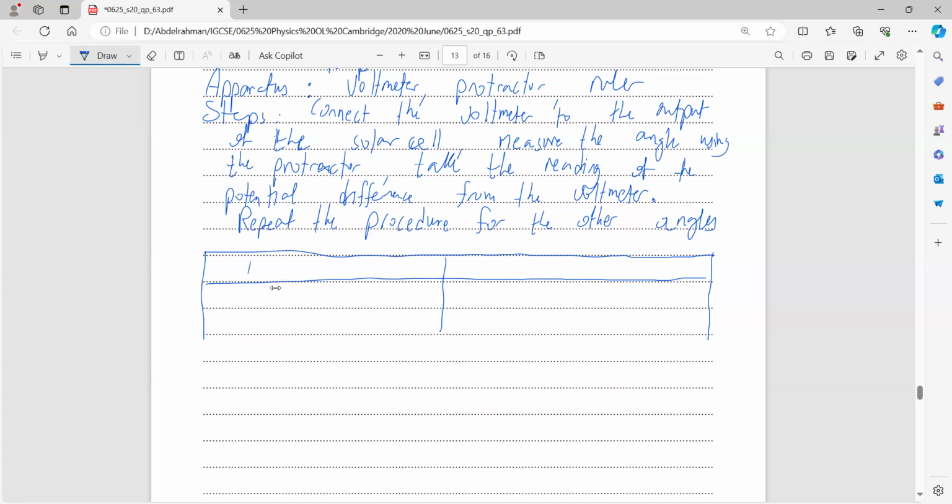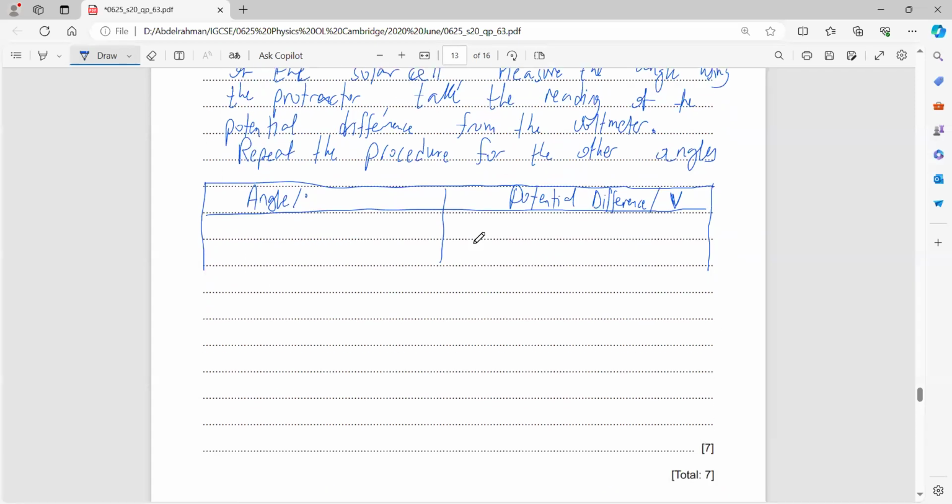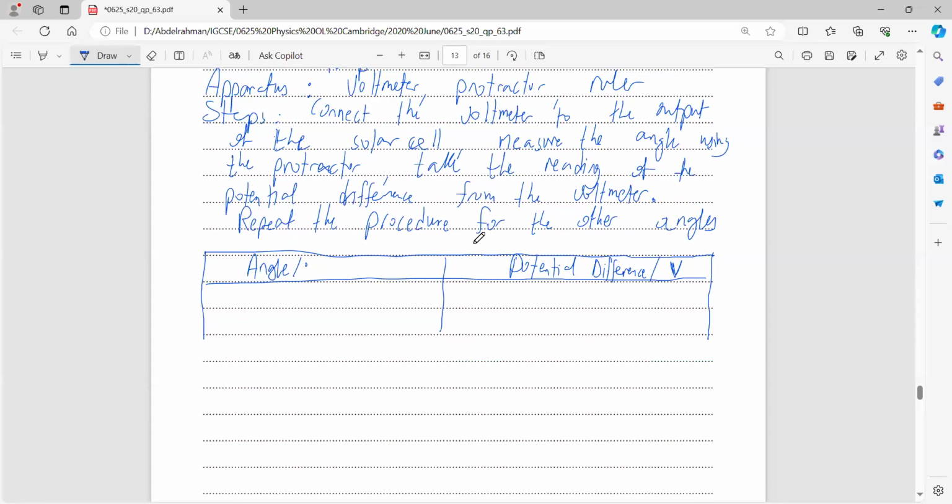The first one is the angle, with the unit of degrees, and the other one is the potential difference, with a unit of V, volts. Here is the table.